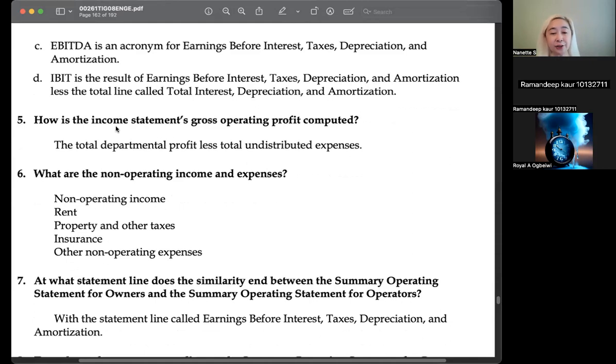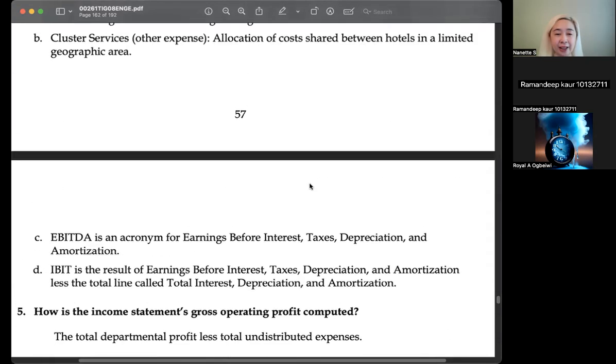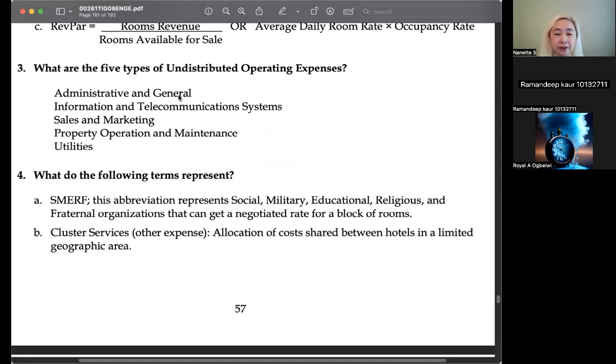So now let's go to the income statement gross operating profit. You compute it by getting the total departmental profit less the total undistributed expenses. So how much was your profit? And then you need to take out all the undistributed operating expenses.